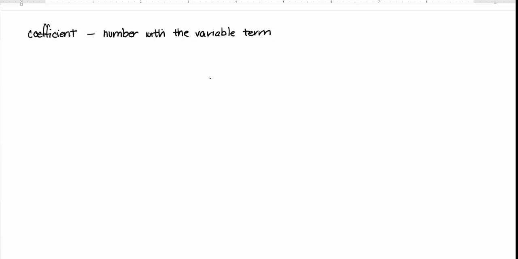Okay, so remember, we have, say, 7x squared. It's a variable term, and 7 is our coefficient. If I have negative 3a squared b, negative 3 is my coefficient.